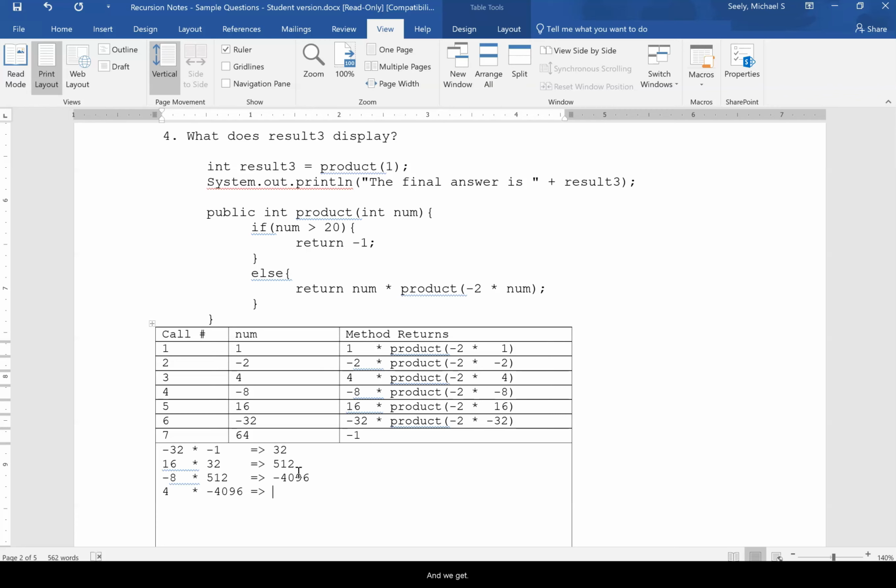And we get, do this right, negative 16,384. So then we get what? Negative 2 times negative 16,384.